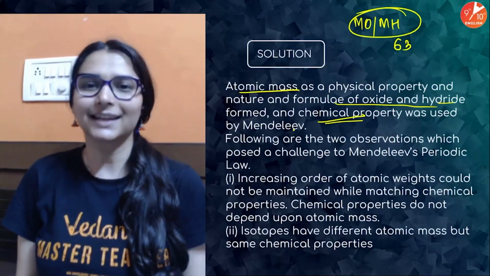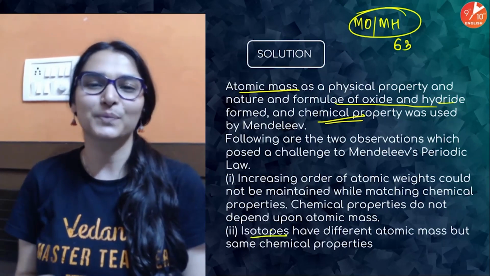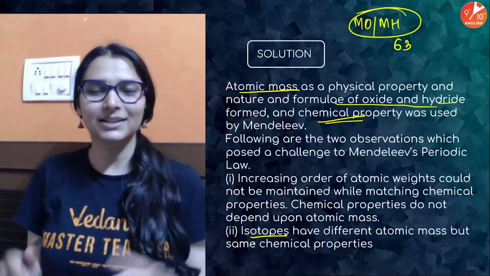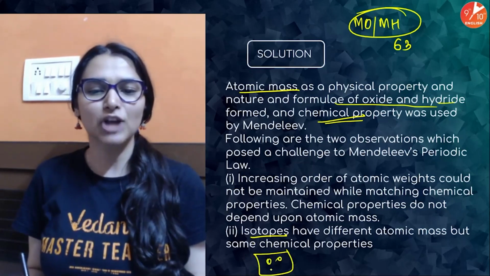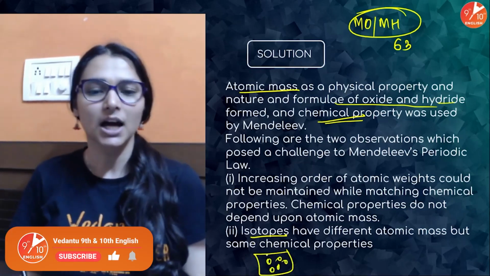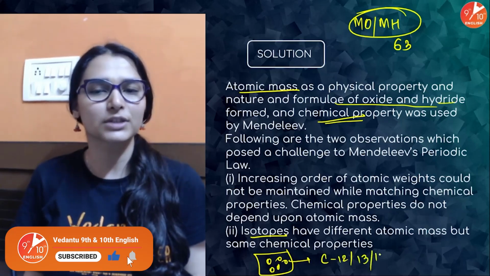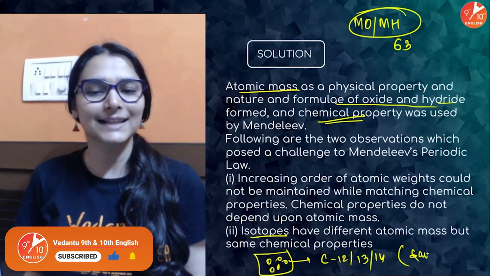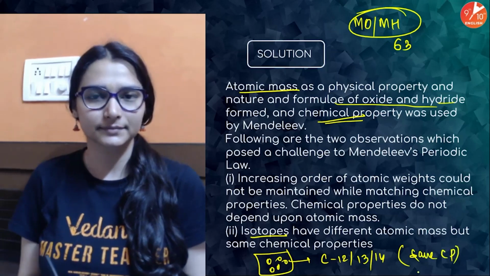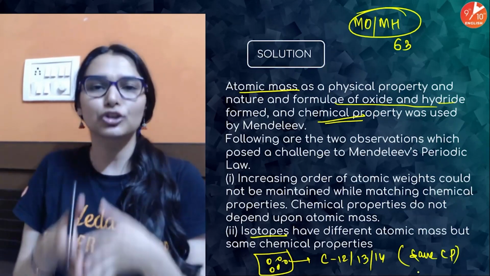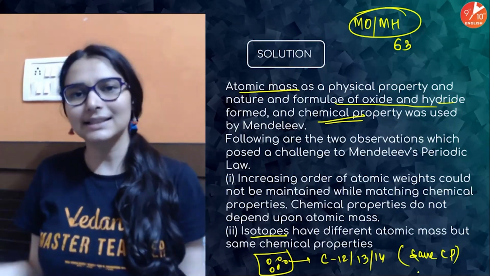The second important point, isotopes were a major issue for him because isotopes are the atoms of the same element which have different masses. For example, carbon atoms can have mass 12, 13 and 14, but isotopes have the same chemical properties. Ideally, on the basis of the same chemical property, they should be kept together, but their masses are different.